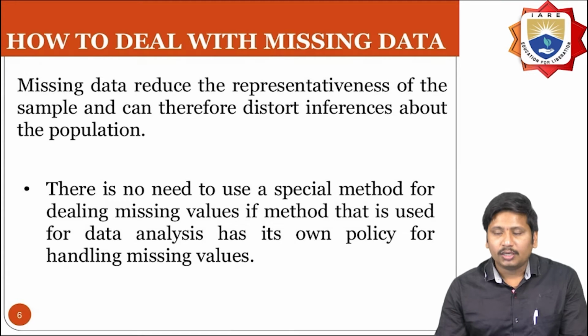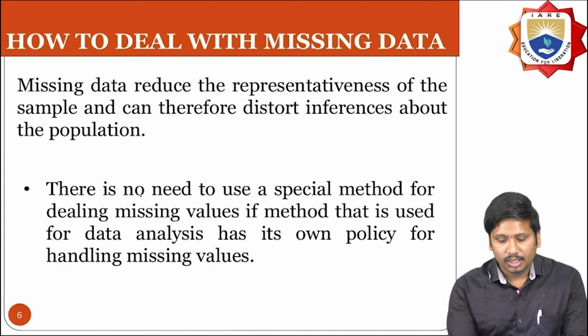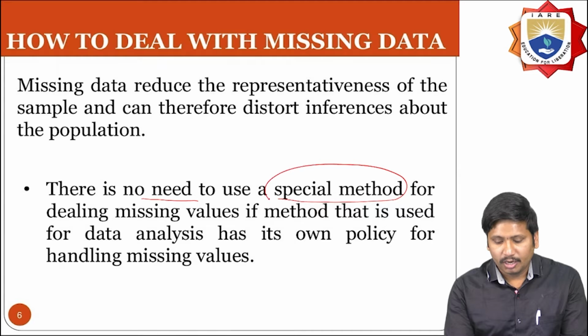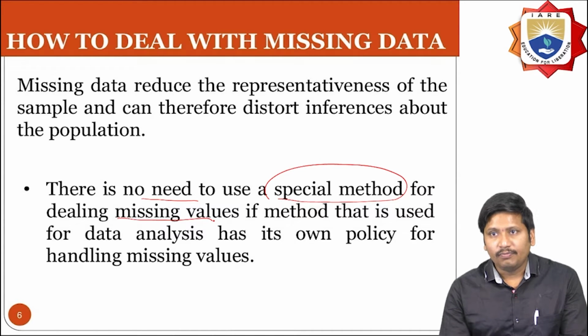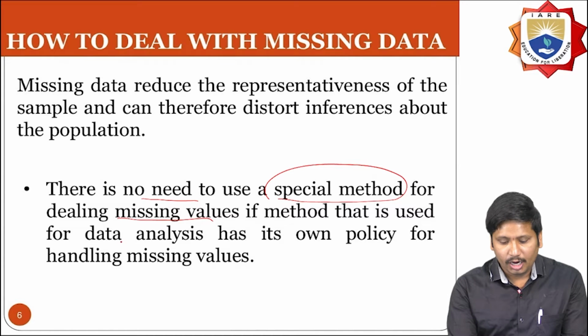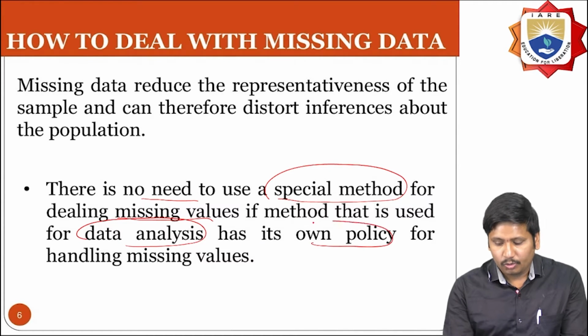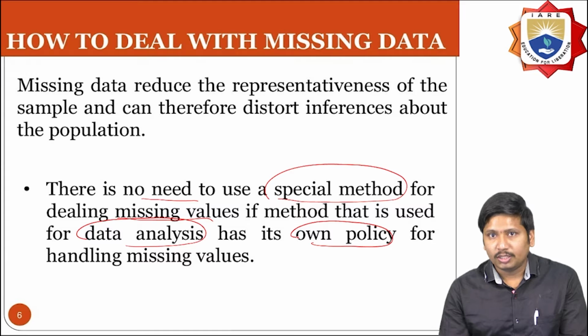Missing data can reduce the representativeness of the samples and affect what we can infer about the population. So there is a need to use some special method for dealing with missing values, and we have to follow some policies for handling them.